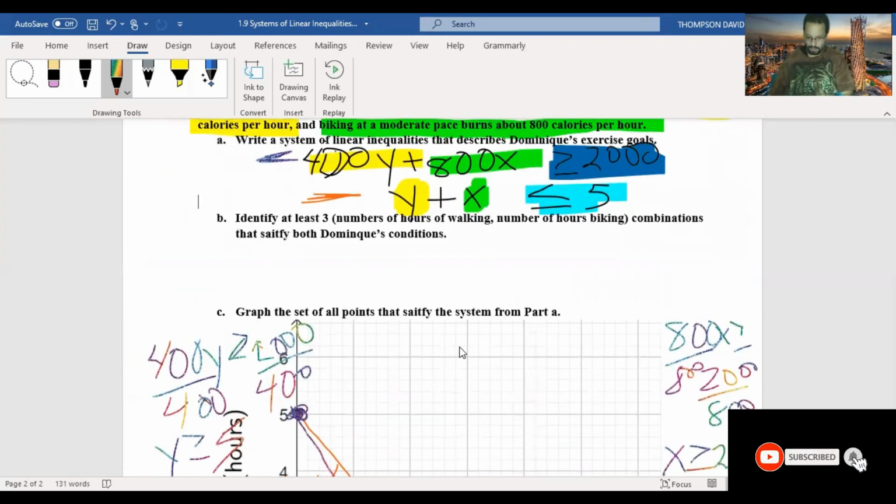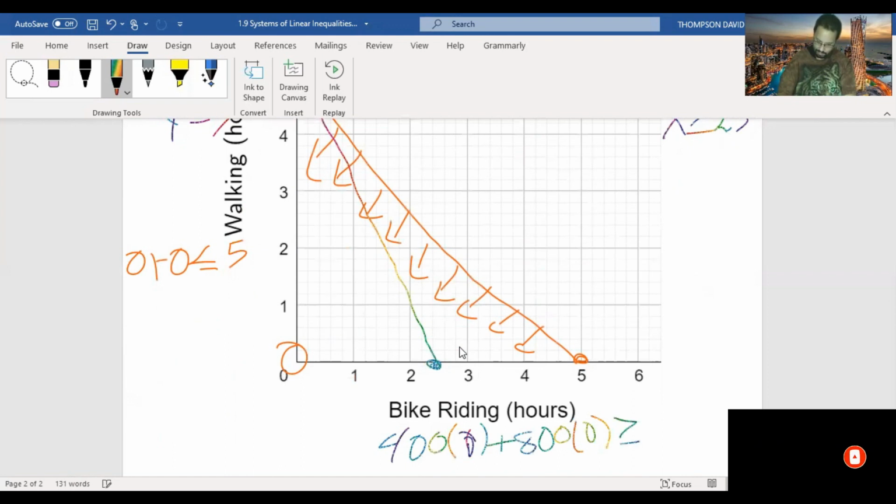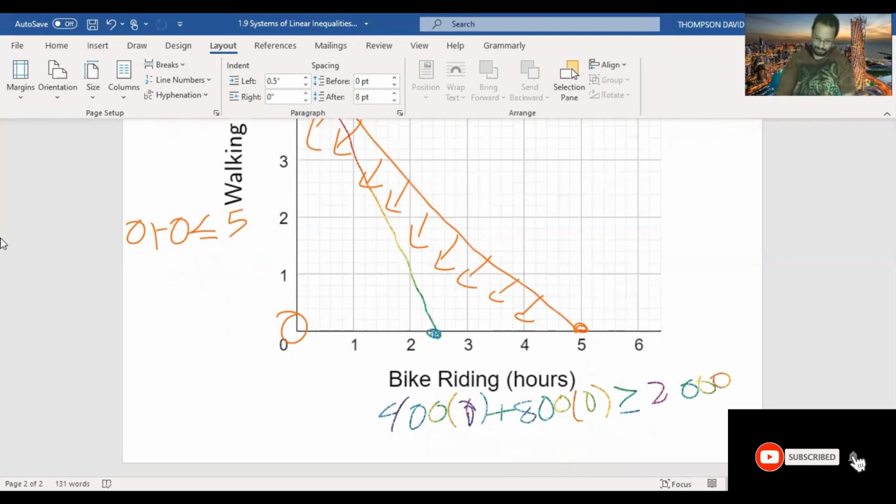To shade it, we use that 0, 0 idea: 400 times 0 plus 800 times 0 is greater than or equal to 2,000. 400 times 0 and 800 times 0 are both 0, so 0 plus 0 is 0, and 0 is greater than or equal to 2,000.